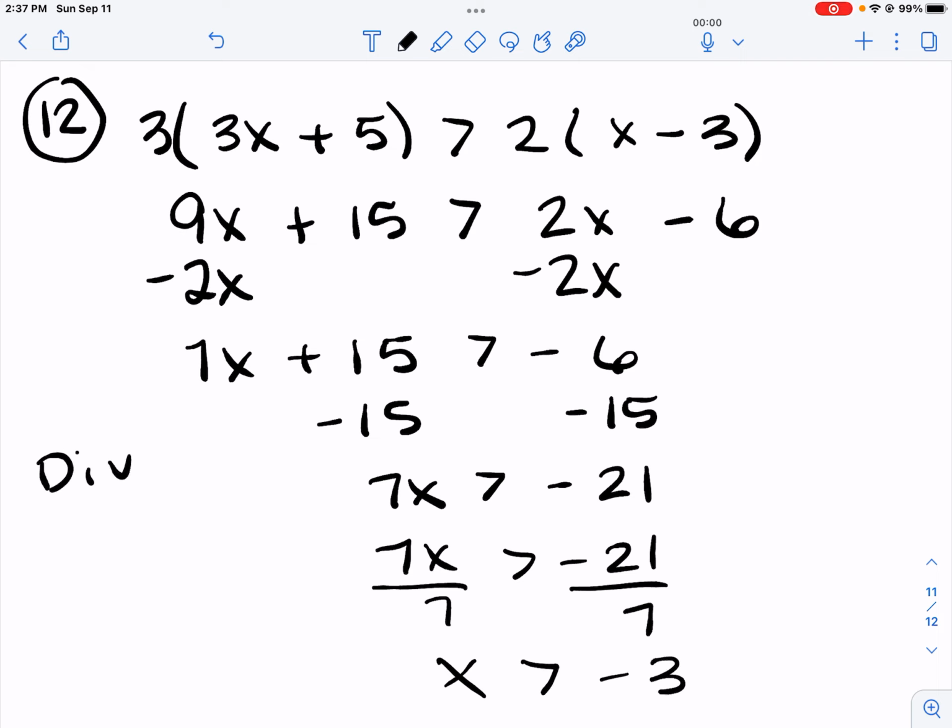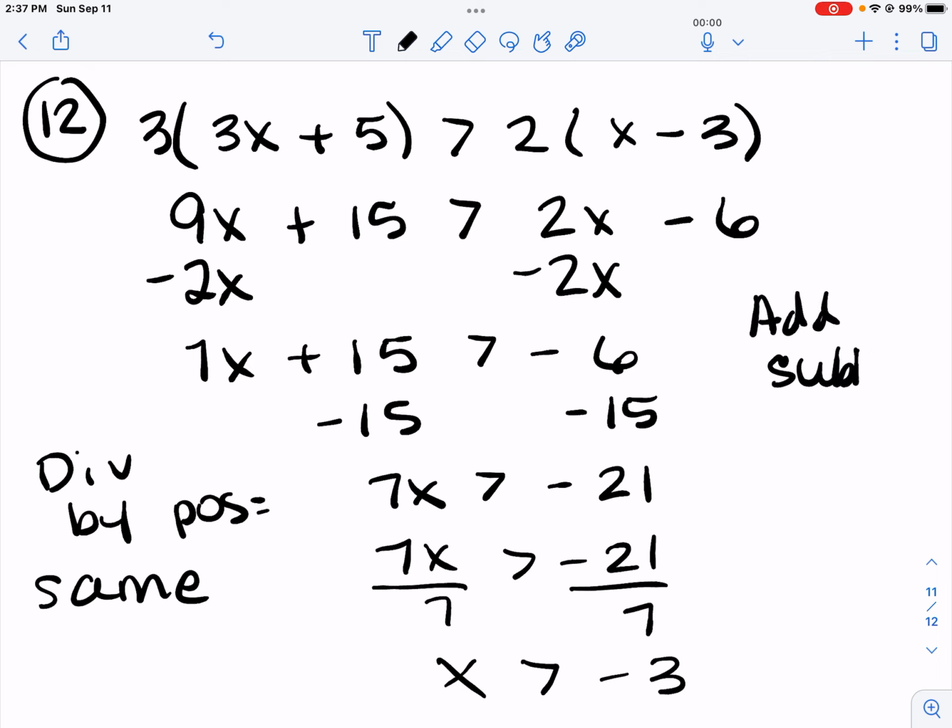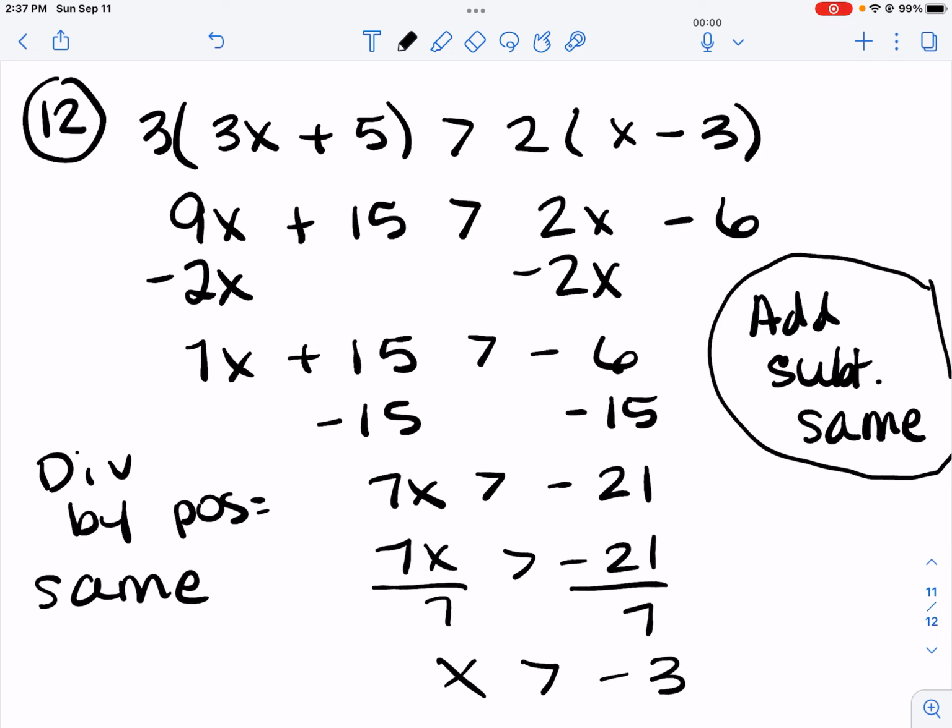Okay? Divide by positive equals same. Add, subtract, it stays the same. The symbol. Okay, that greater than symbol stayed the same. We divided by a positive.